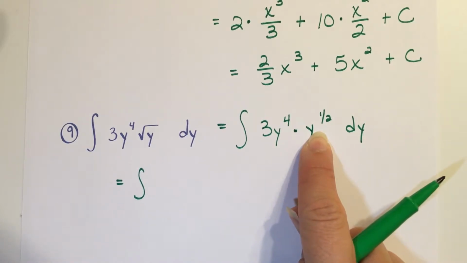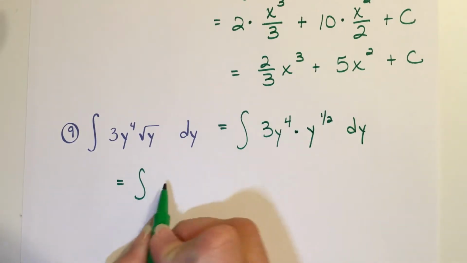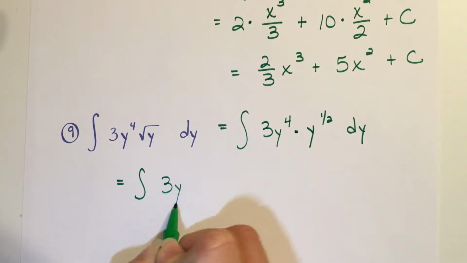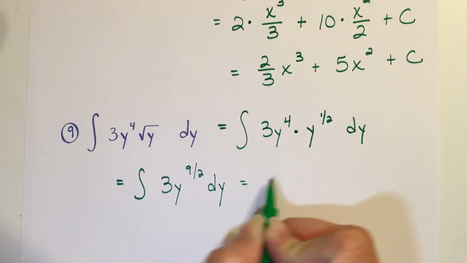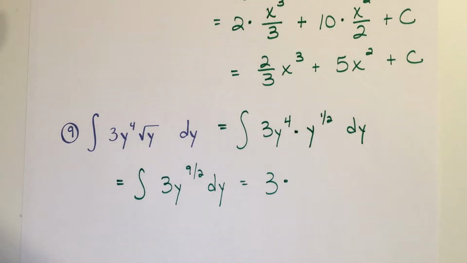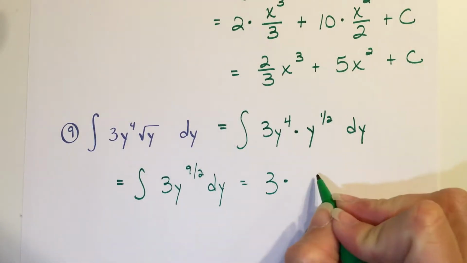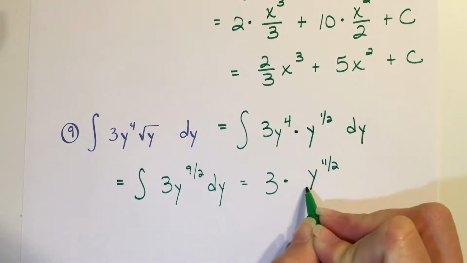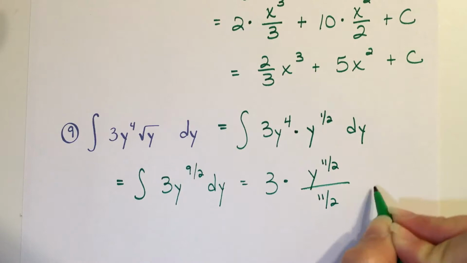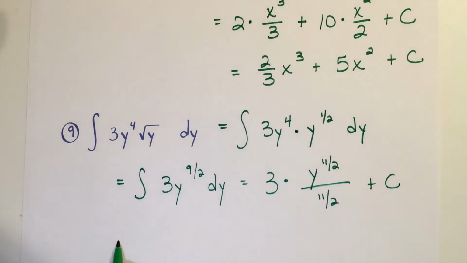Of course, if you're multiplying your y's, you're supposed to add your exponents. So you're going to end up with 3y to the 9/2. All right, so our 3 is just a constant multiple. So we need to increase our power by 1 and then divide by our power plus c.